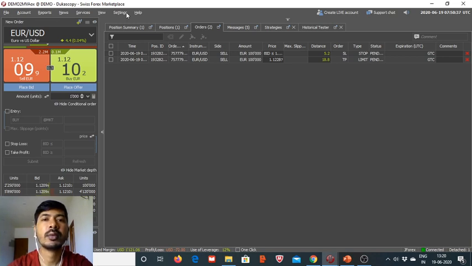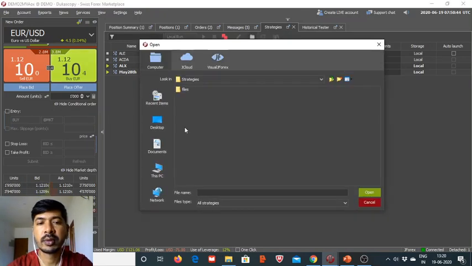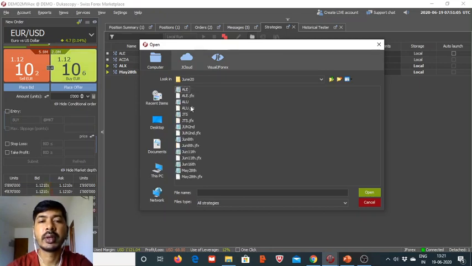Now we have to import the same file, and here is June 20 and June 16th.